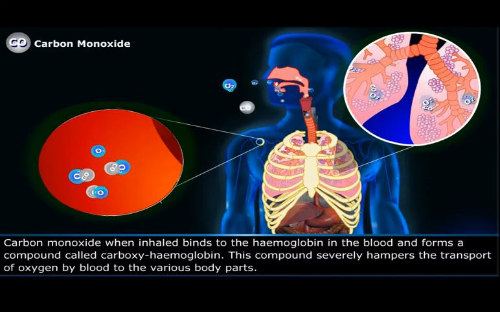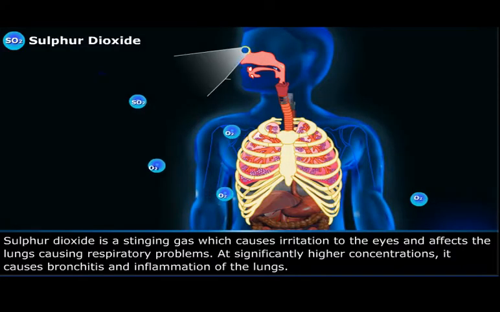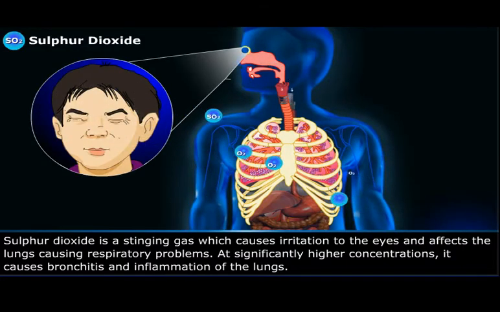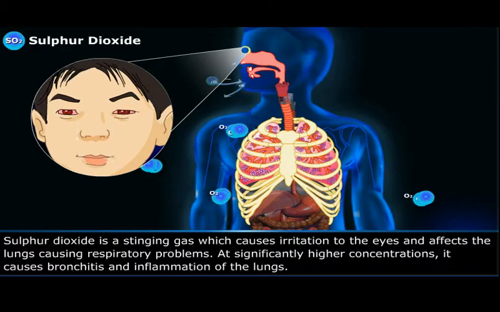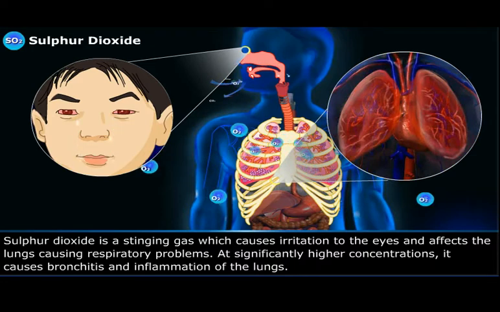This compound severely hampers the transport of oxygen by blood to the various body parts. Sulfur dioxide is a stinking gas which causes irritation to the eyes and affects the lungs, causing respiratory problems. At significantly higher concentrations, it causes bronchitis and inflammation of the lungs.